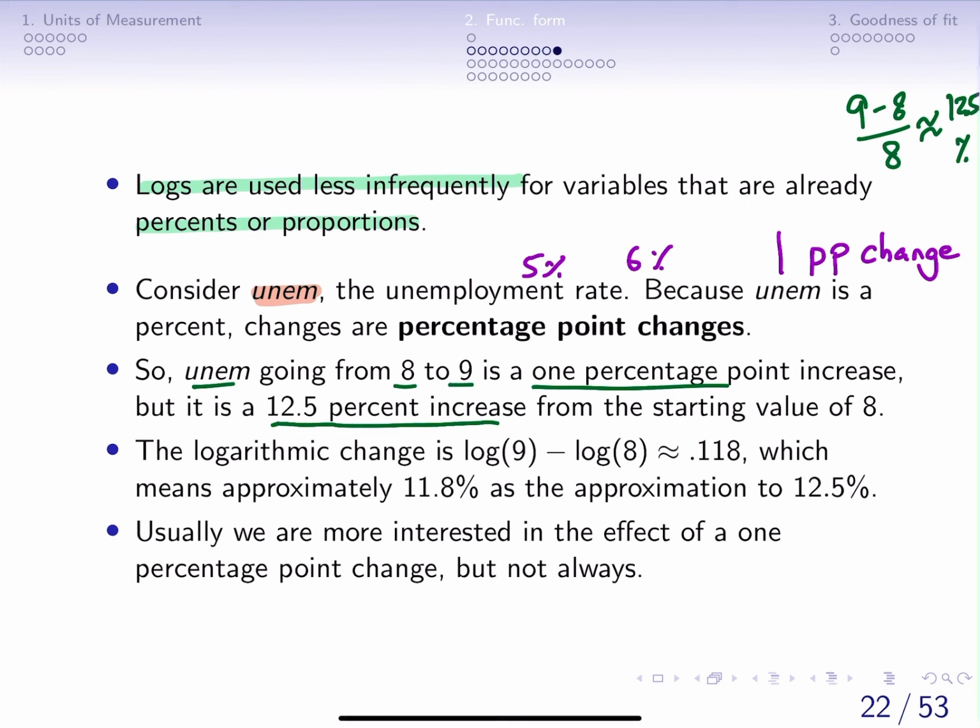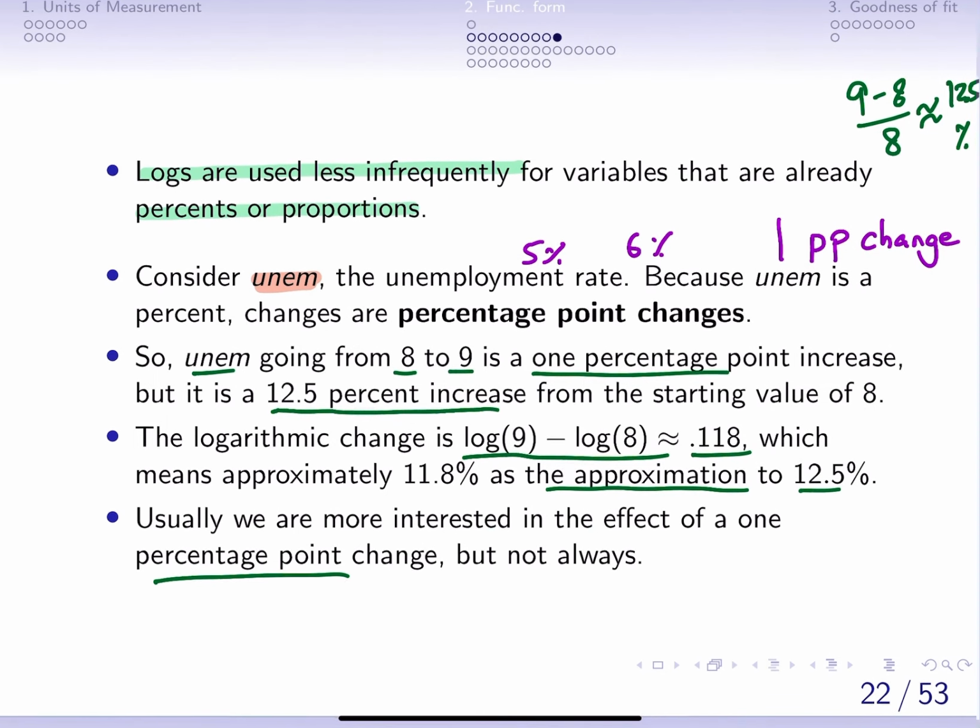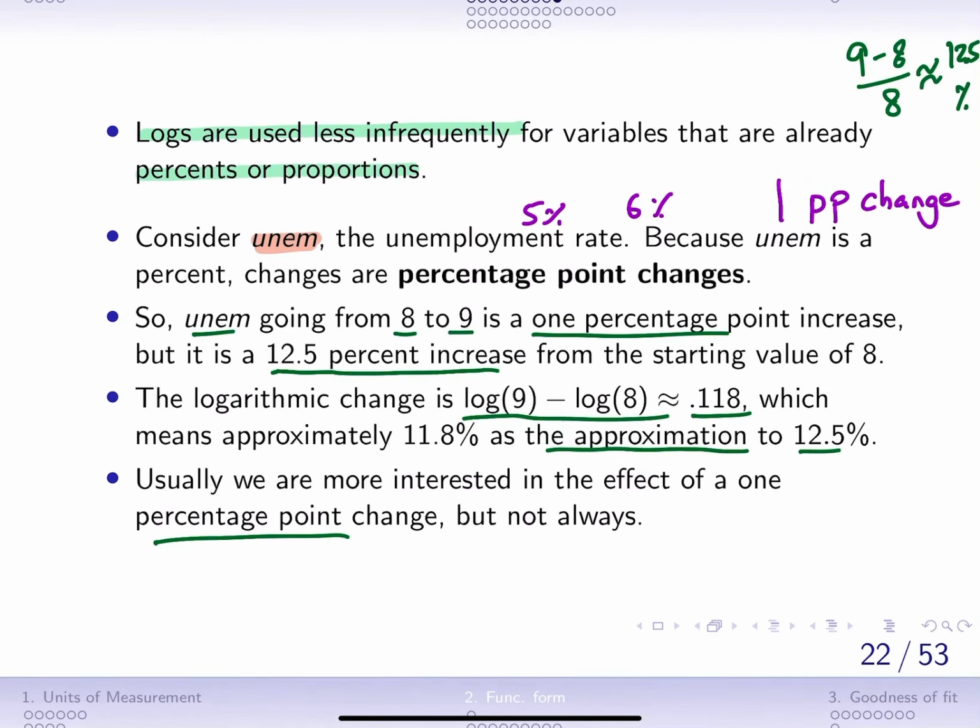And if you take logs, that's 0.118, which is an 11.8% increase, which is again an approximation to this. So try to use percentage points and avoid logs for variables that are measured as fractions or proportions.